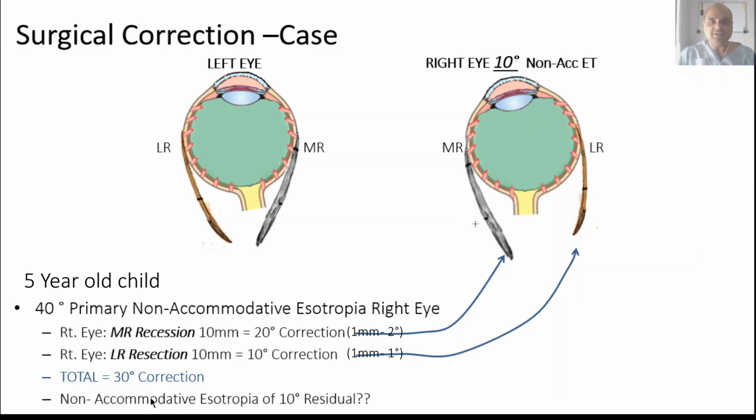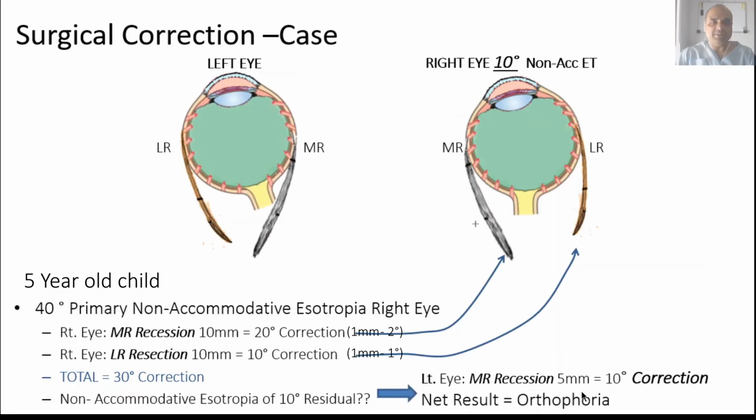So, for this non-accommodative esotropia of 10 degrees, which is left residual, what we can do is surgery to the left eye. What if I weaken the medial rectus of the left eye by 5 millimeters? And since surgical procedures on medial rectus gave 2 degrees per millimeter, I would get 10 degrees of correction if I do medial rectus recession of 5 millimeters.